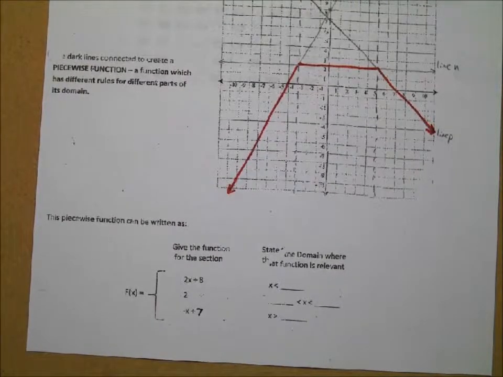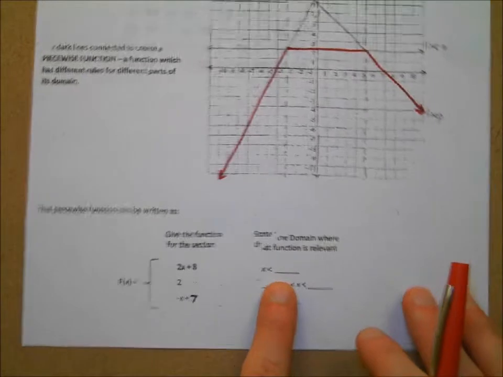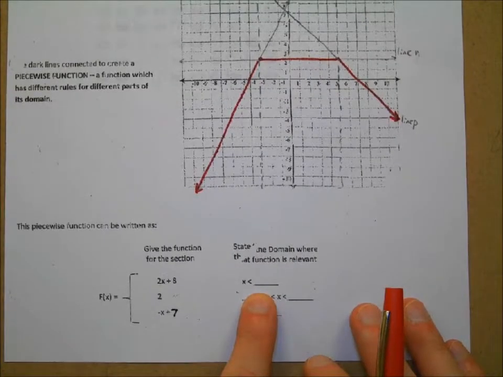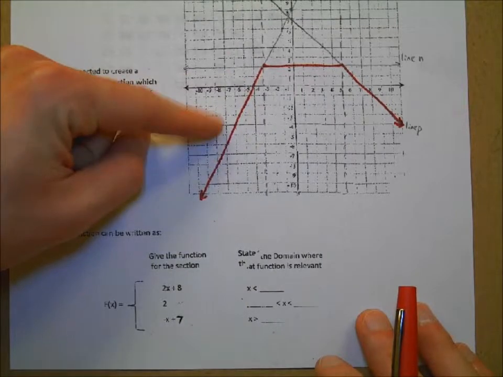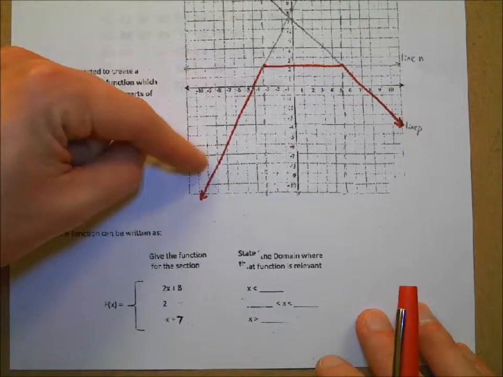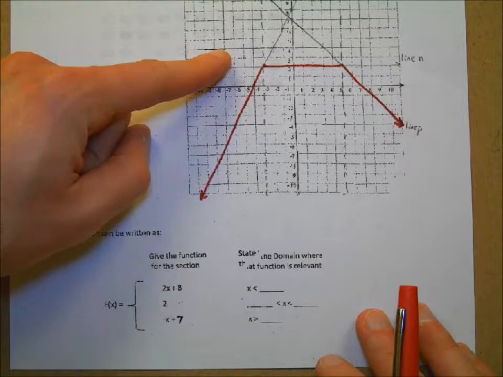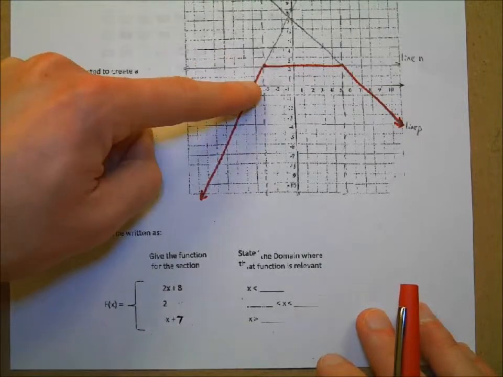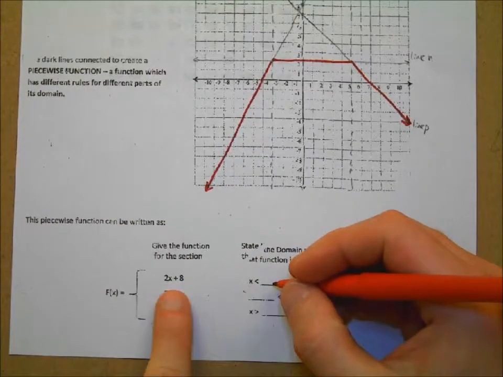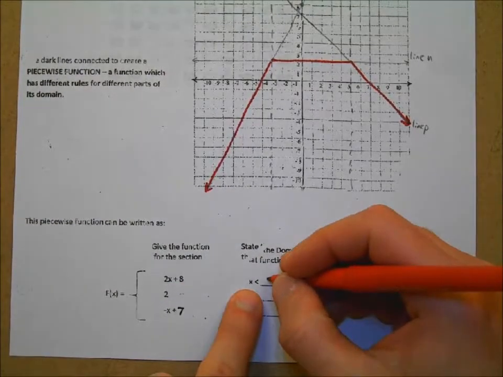And now we're going to talk about the domain, okay, of these different pieces. So for example, 2x plus 8, right? At what x value did we stop this 2x plus 8? Negative 3, right? It stops right there at negative 3. And so this piece is true for x values to the left or less than negative 3.